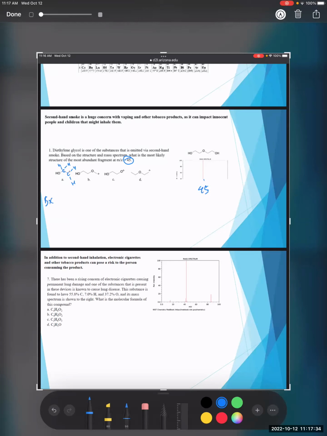So 5 times 1, plus 16 for oxygen, and then we have 2 carbons, so it is 2 times 12. If you add this up, you get 5 plus 16 plus 24, which is gonna be 45 over here, which is exactly the mass we have.